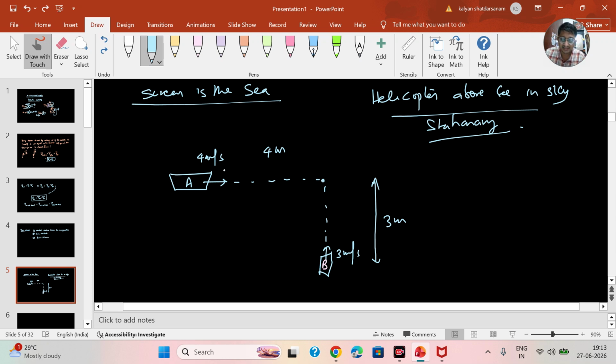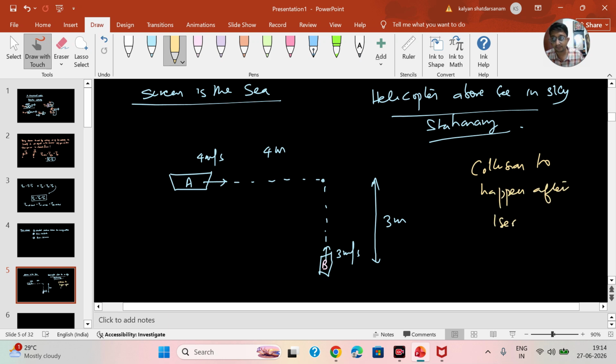Or if 1 second is too short a time, I'll make them 4 kilometers per hour and 4 kilometers, 3 kilometers per hour and 3 kilometers. Then in 1 hour, they'll collide. Anyway, collision is bound to happen if they don't change the course, the speed, or the direction. So the collision will happen after 1 second in this case.